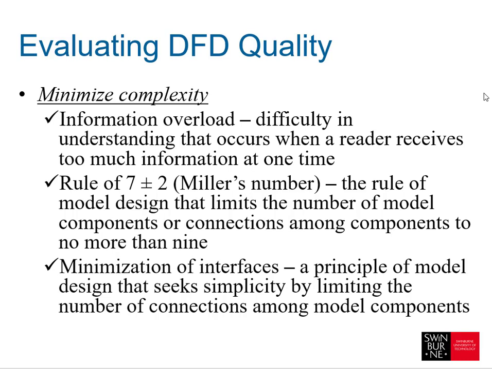If too much information is presented at once, people experience a phenomenon called information overload. I think you have learned that in some other subject. When information overload occurs, the person has great difficulty understanding the information. The key to avoiding information overload is to divide the information into smaller components or relatively independent subsets.